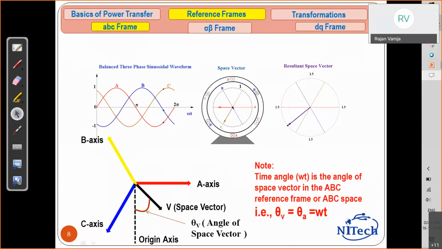Okay, I'm going forward. So this was about the ABC frame. It is rotating at speed omega, starting from 90 degrees.